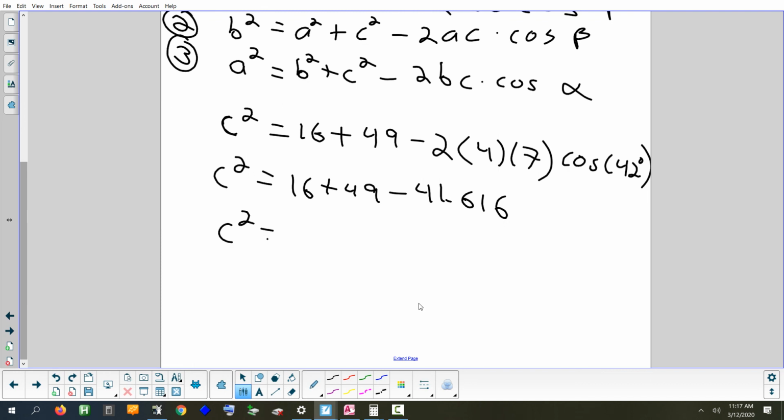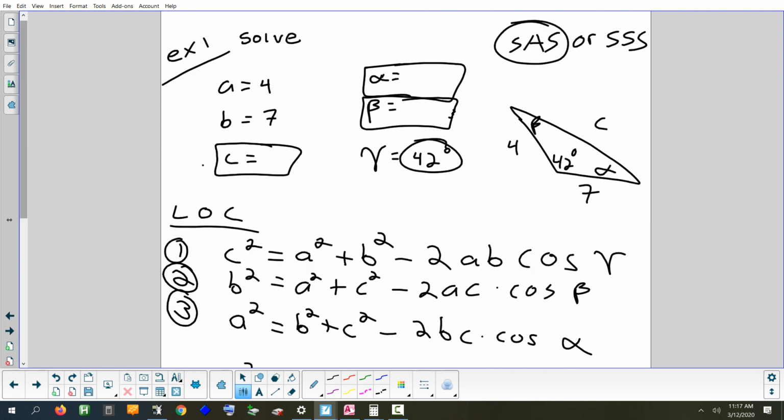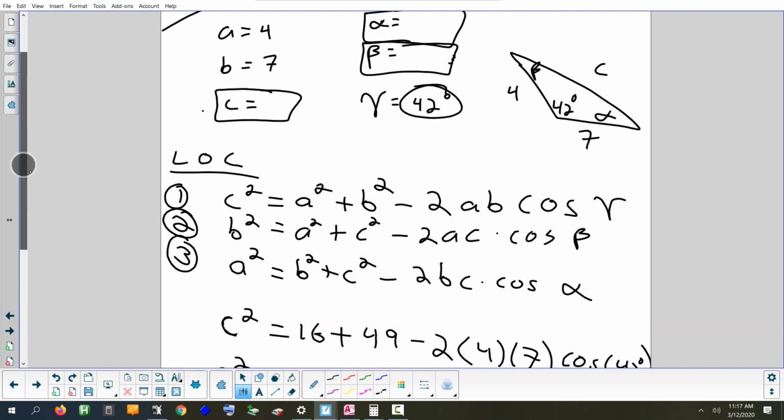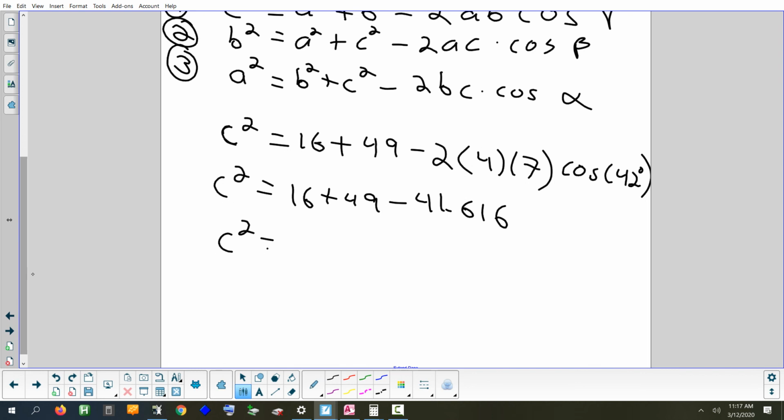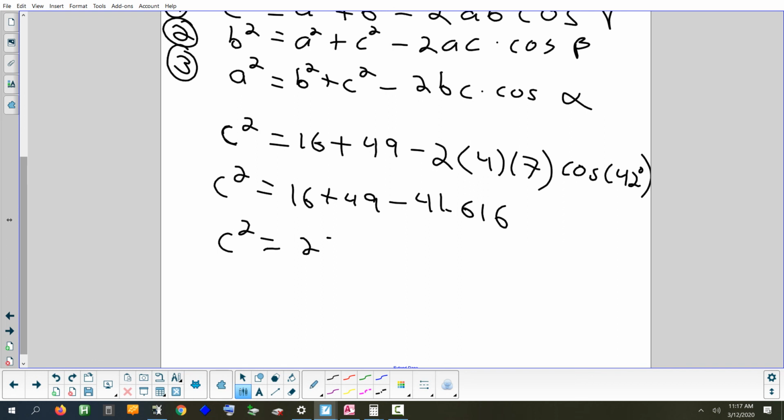Now, the next thing after the M in PEMDAS is addition and subtraction. We just go in order from left to right. Isn't the cosine 42 be 49? Cosine of 42. So that's why I think I messed up the 49, because I was looking at the 42. Okay, so let's do that. 16 plus 49 minus 41.616 gives me 23.384.